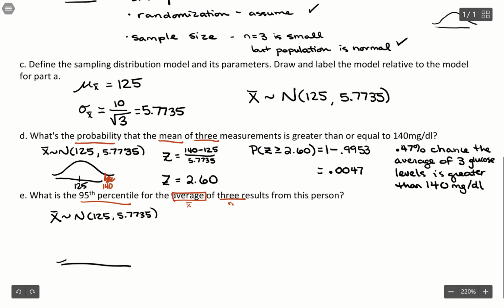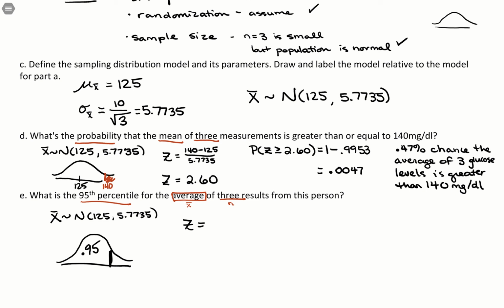And what we want to see is where is the cutoff such that 95% of the data is to the left-hand side. So we go to our table and we look up the spot that has 95% of the data to the left. And in that scenario, we should be getting a z-score of 1.645.